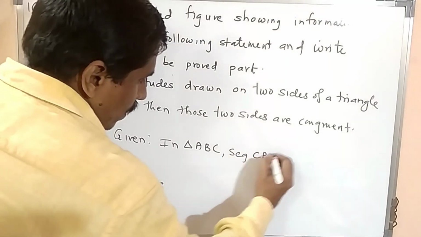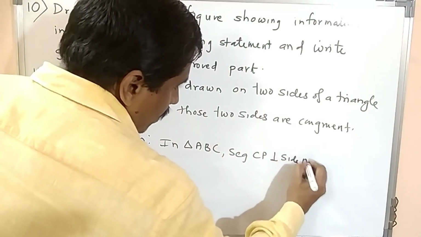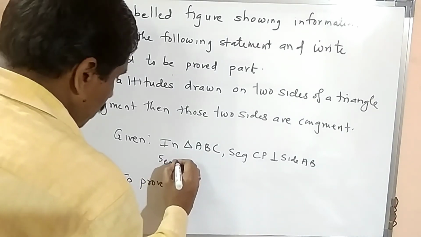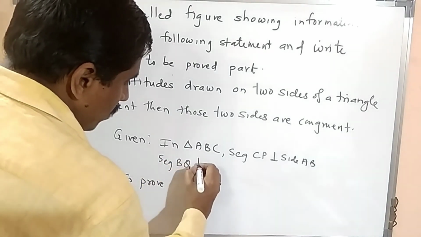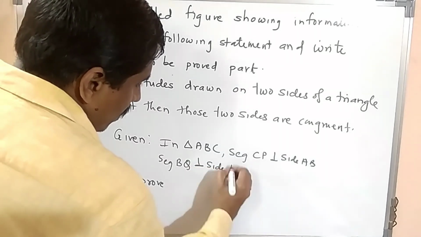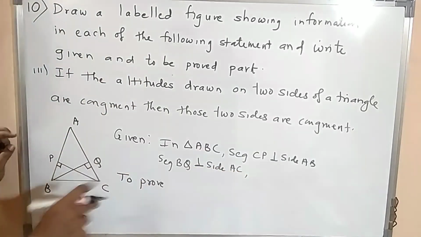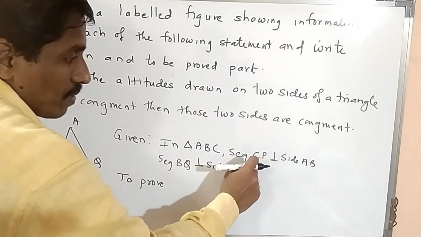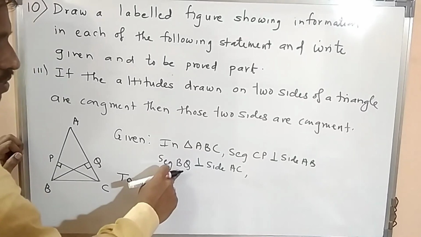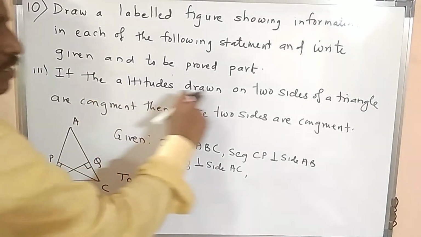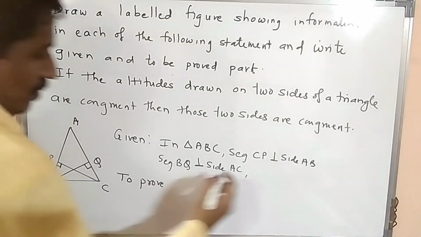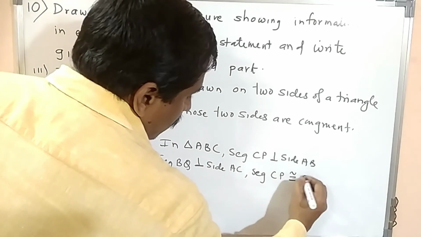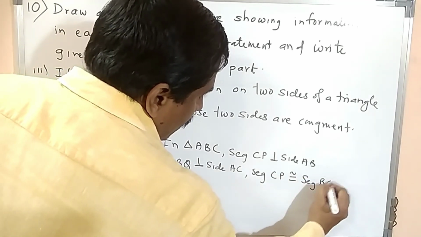One more thing is given. All these are altitudes. Segment CP is altitude, segment BQ is altitude. These altitudes are congruent. It means segment CP congruent segment BQ.